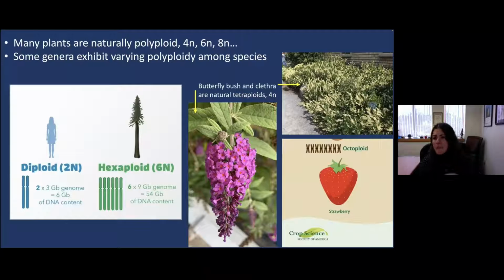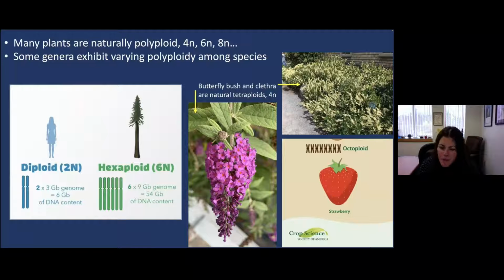Many plants in the plant world, unlike the human or animal world, are naturally polyploid, which means they have 4 sets of chromosomes, 6 sets, or 8 sets: 4n, 6n, 8n. Many conifers are hexaploid. They have 6 sets of chromosomes. If you're a gardener or into landscaping and you're familiar with butterfly bush or summersweet, called Clethra, these are natural tetraploids.